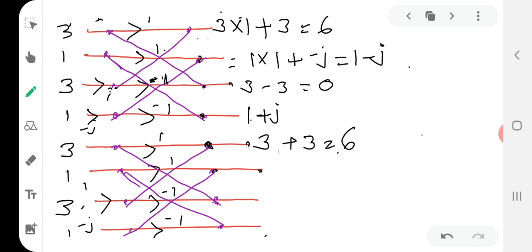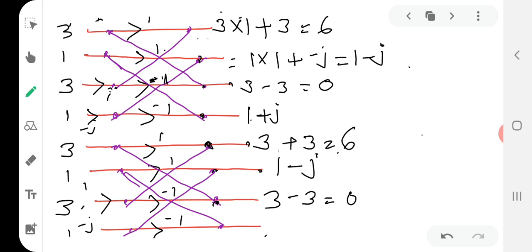Okay, 2 points, 1 is 1, and from here minus j will come. And at this point, what are the points? 1 is 3, and then the second one is minus 3, that's why 3 minus 3 we can write as 0.